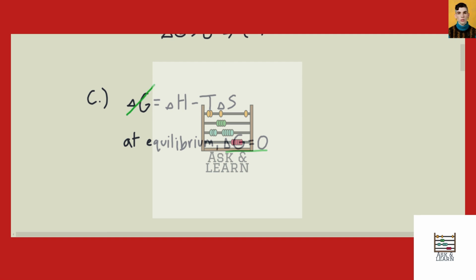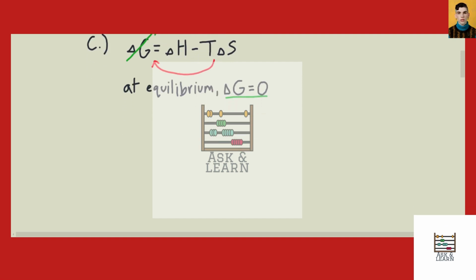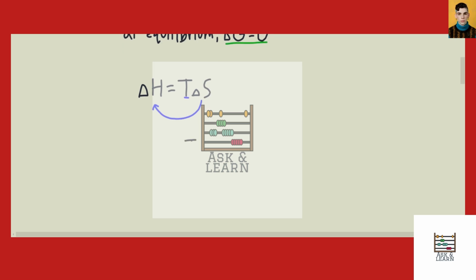And when that's the case, we can get rid of this term, delta G, and set it equal to 0, and move over the product of T delta S to the other side, so that we can write out this equation now as delta H equals T delta S. And now we just need to isolate T by dividing over delta S. And our final equation for T at equilibrium is delta H divided by delta S.